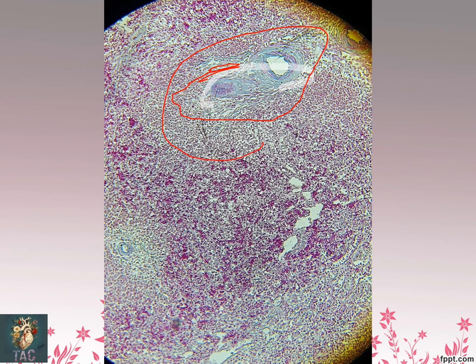This is again the white pulp, and in the center of the white pulp you can see the central artery, which is usually eccentric in position, and in addition to this all the rest of the area is the red pulp. So you can see very clearly the two areas of the spleen, both the white pulp and the red pulp, and this is a beautiful slide for the spleen with H&E stain section.